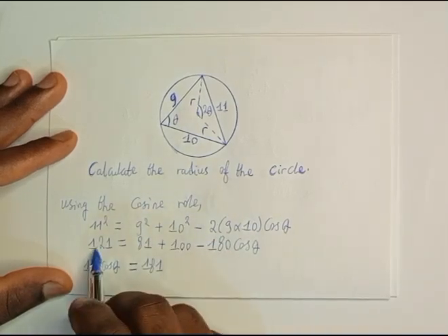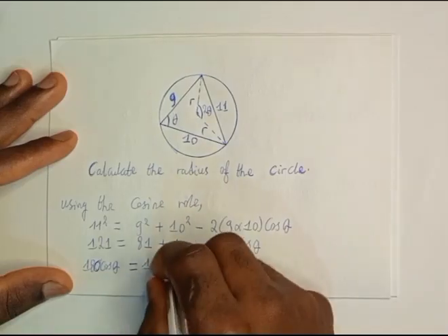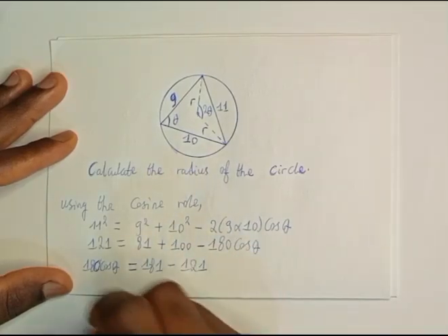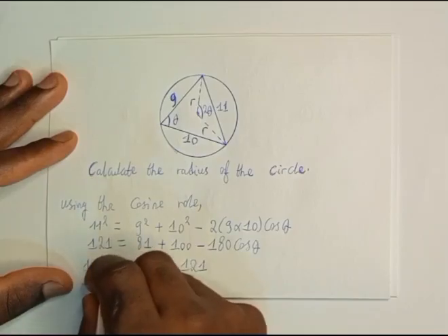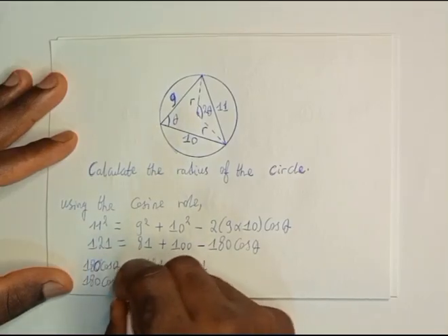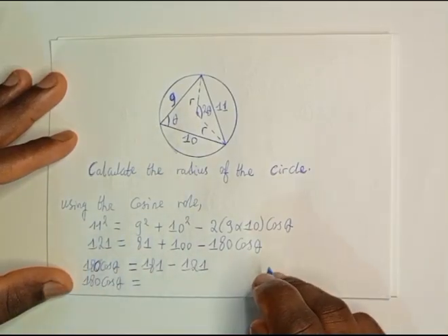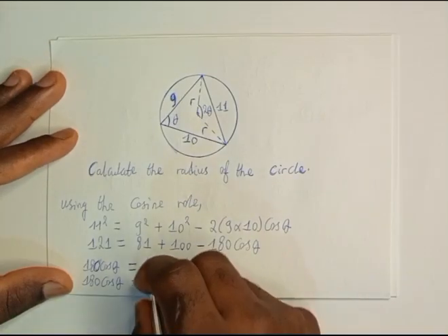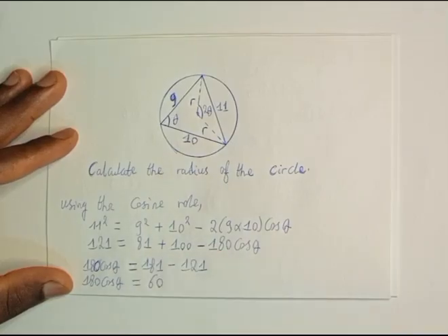We are going to transfer 121 to the right. It becomes negative 121. This will give us 180 cos theta equal to 181 minus 121 gives us 60.